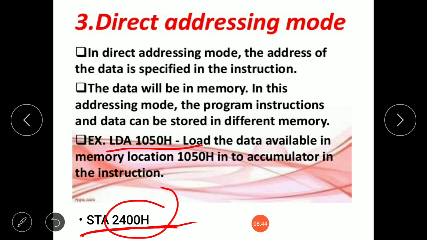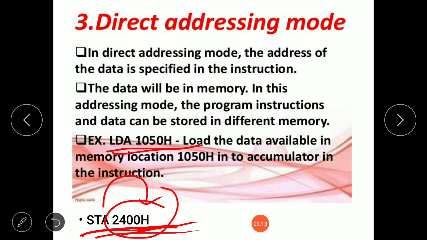For example, STA 2400H: what is the function of this instruction? It stores the content of the accumulator in memory location 2400H. So here the memory location is 2400H and the operand is stored in the memory location from the accumulator.